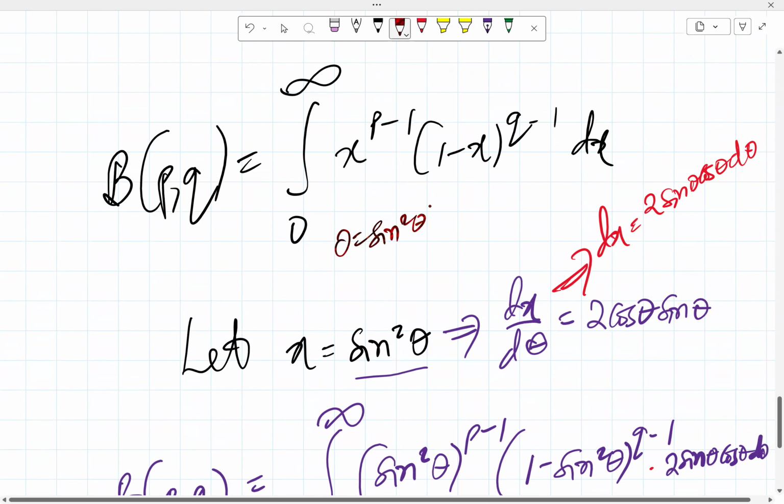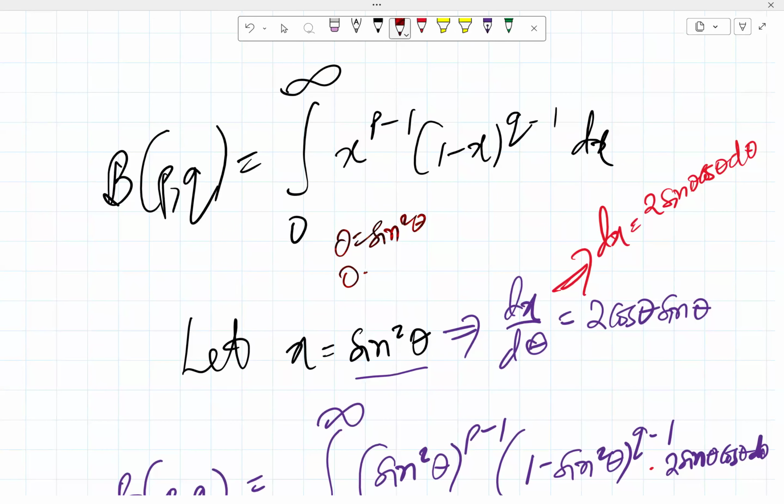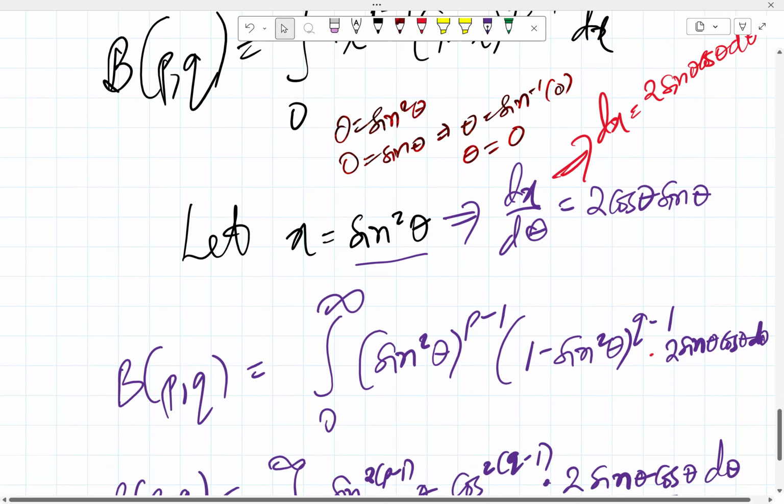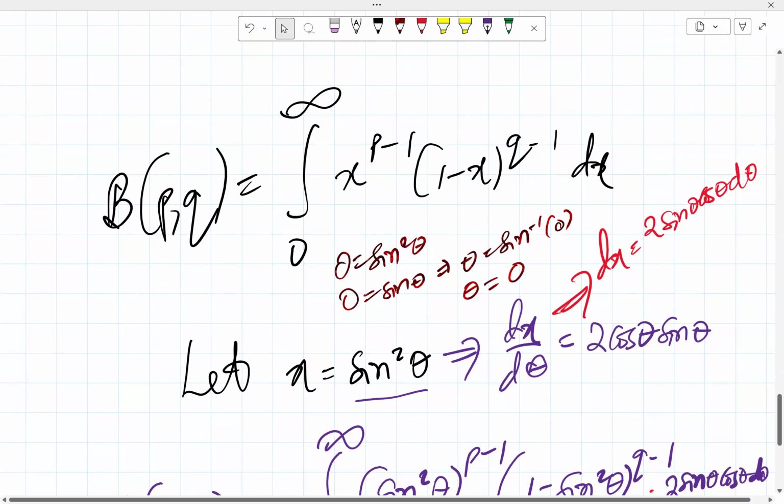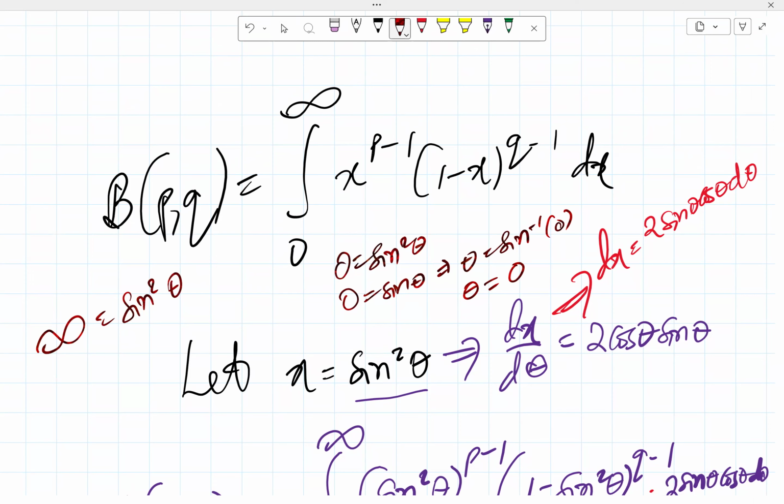If you take the square root of both sides, 0 is equal to sine theta. So that implies that theta is arcsine of 0, which is simply 0. So this 0 remains.